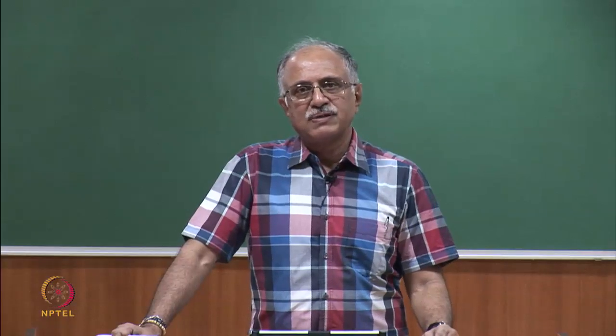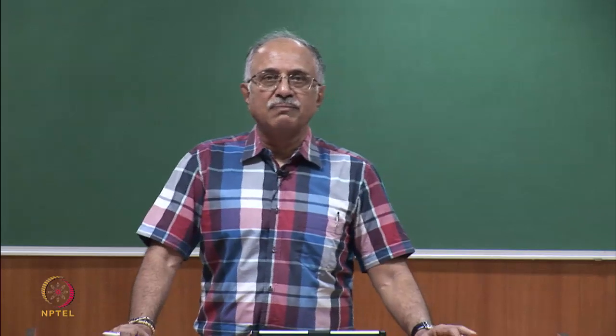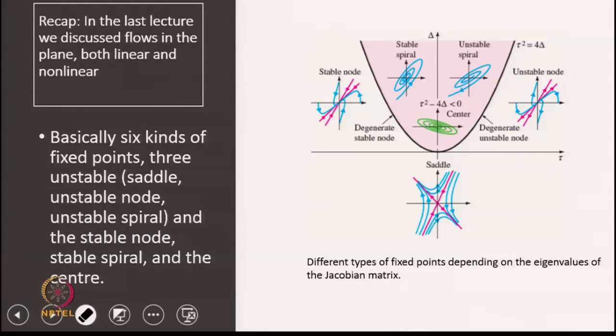These fixed points depend on the eigenvalues of the Jacobian matrix, and for a two-dimensional linear flow where the Jacobian matrix has trace tau and determinant delta, the behavior in this tau-delta plane can be broken out into regions.